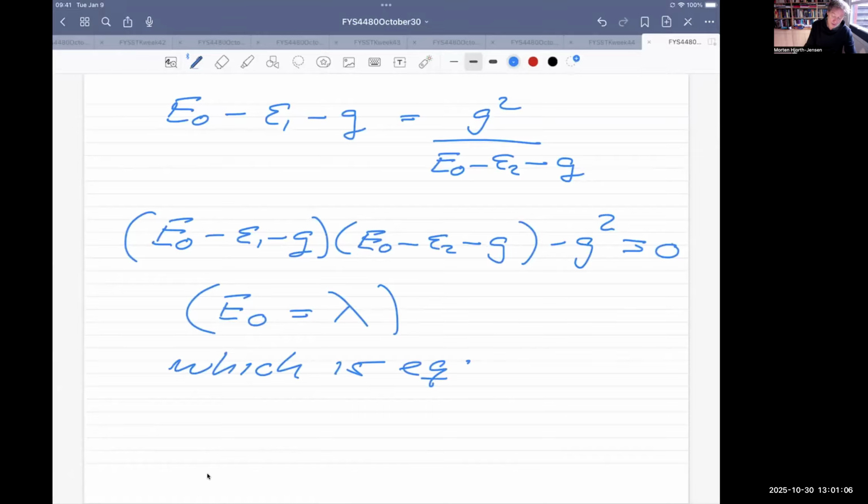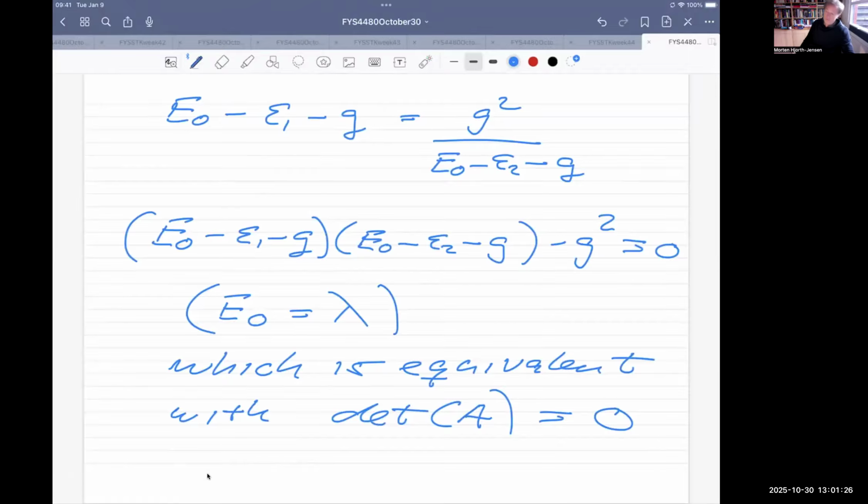So what we see now is that the Wigner perturbation theory for this simple example gives us exactly what we get when we have two states and set up the exact eigenvalue problem. So this is equivalent with us requiring that we solve this equation: the determinant of A, where A is given by that matrix which you saw.